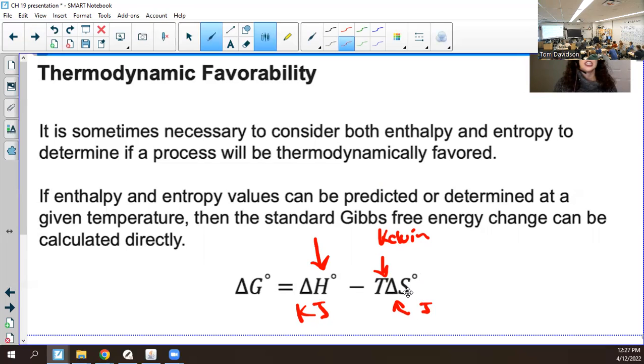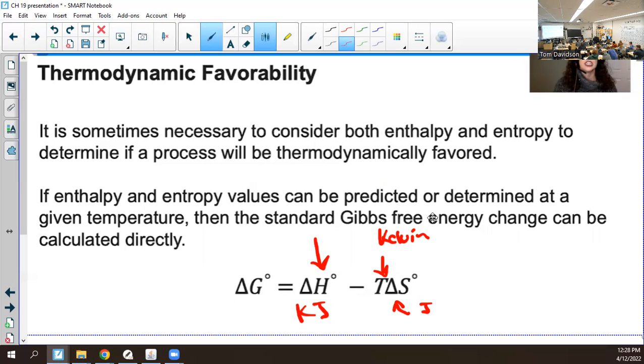Delta S can either be calculated out of a table or will be given to you in the problem. Or sometimes it doesn't ask for a specific answer. It just asks you to reason knowing that S is either a positive or a negative value.